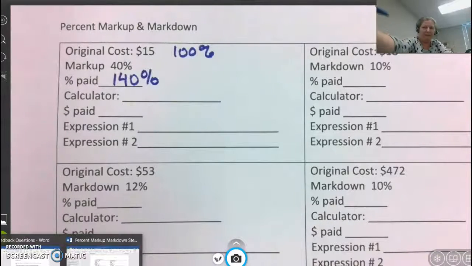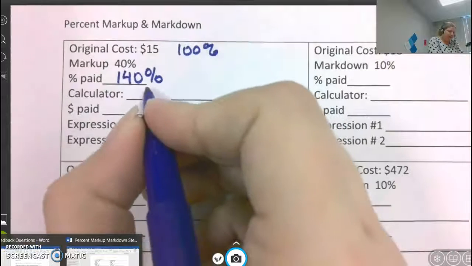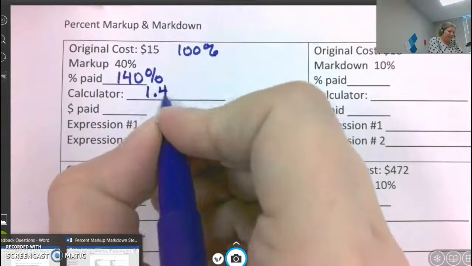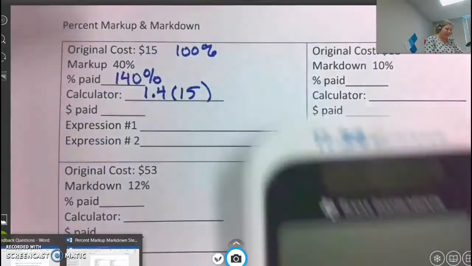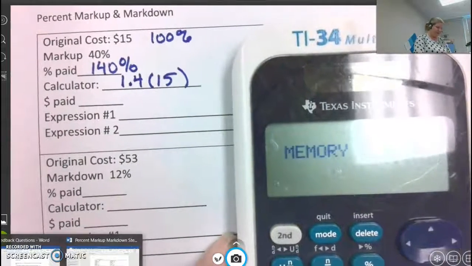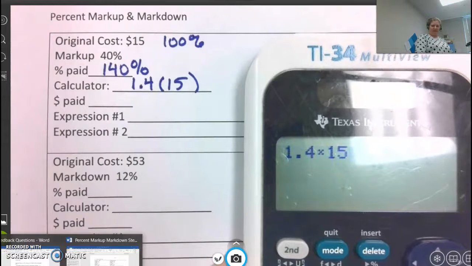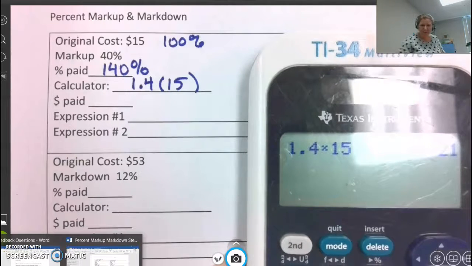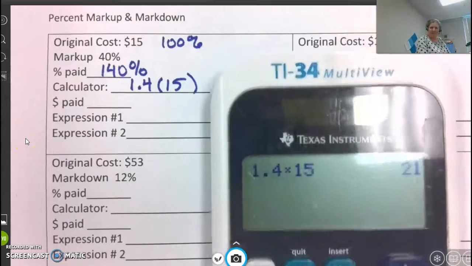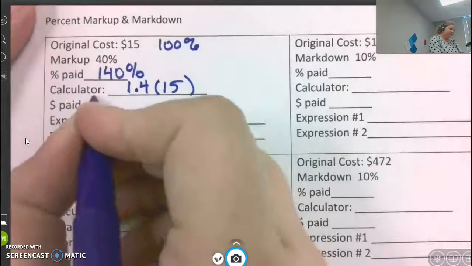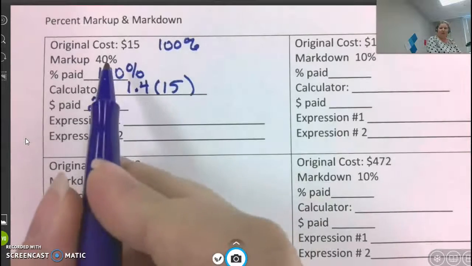So on the calculator, to find the answer, the quickest way possible, I could just do 1.4 times the original. Okay, so it's going to be 1.4 times 15, and that would give me 21. I'm going to pay $21, and that makes sense because it's getting marked up from the original.